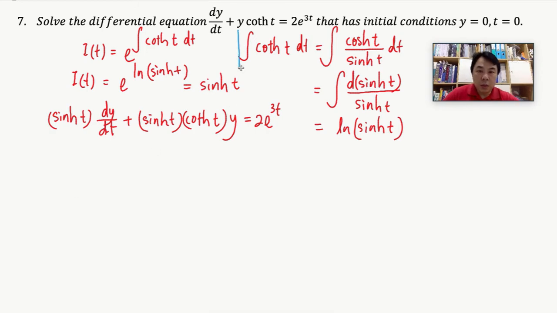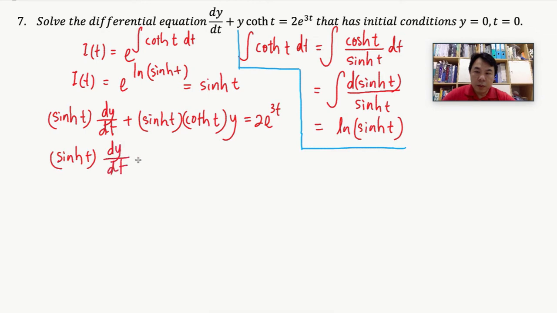Now let me put a fence here to show the separation. Alright, now that's what we have. At this point you can further simplify that. That will be cosh t y equal to 2 exponential 3t.